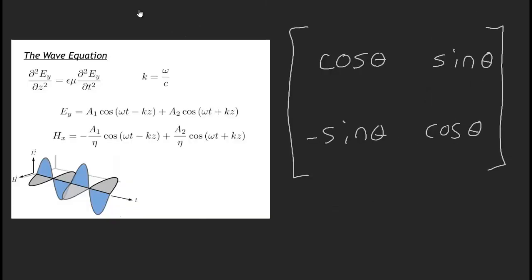So here's what I'm talking about. The wave equation for light, which is on the left here, is completely different than the wave equation for all other wave phenomena, including radar, which is light.